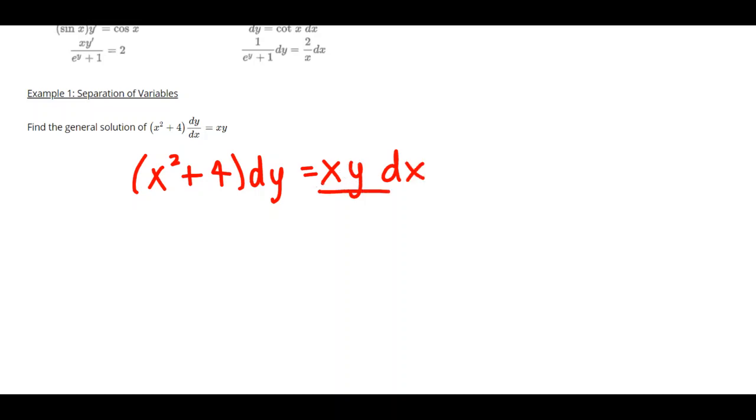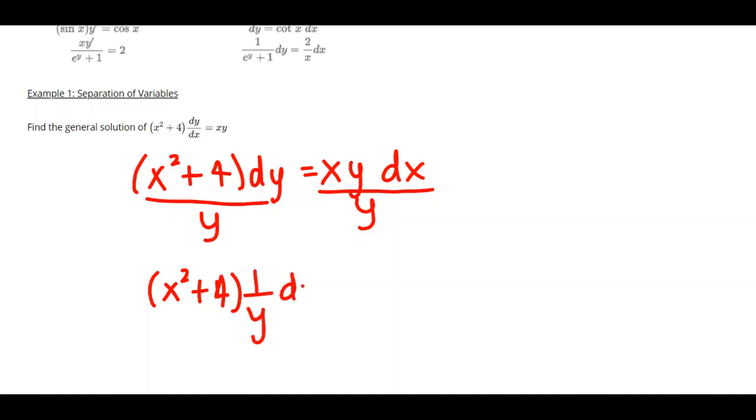I want to get rid of this y, so I'm going to move it to the other side by dividing, and I get x squared plus 4, and I'm going to write it as 1 over y dy equals, these cancel, x dx.